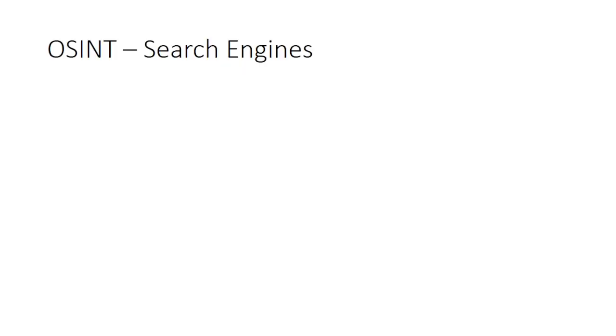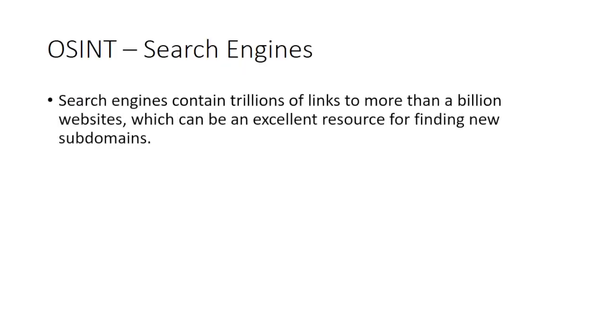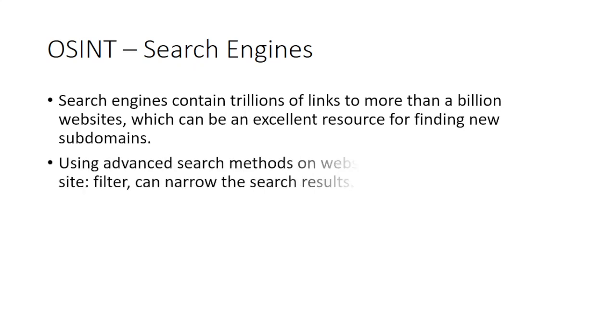Search engines. We know that they contain trillions of links to more than 1 billion websites, which can be an excellent resource for finding new subdomains. We can use advanced search methods on websites like Google, Bing, Yahoo, DuckDuckGo, etc. And we would use filters like site that can narrow the search results.